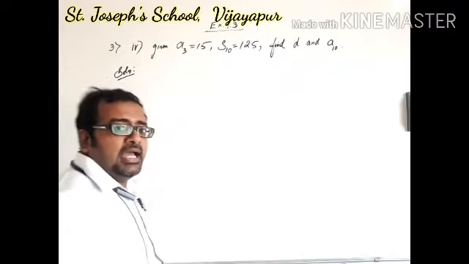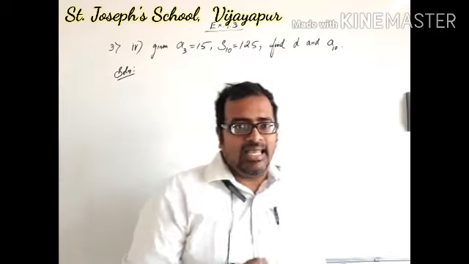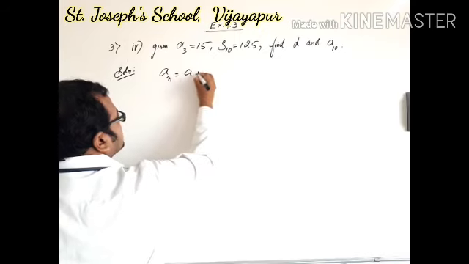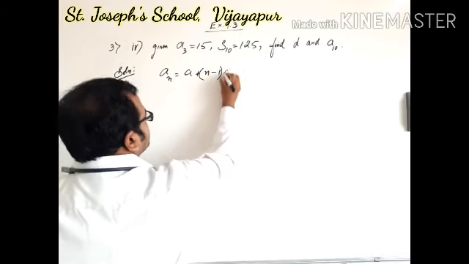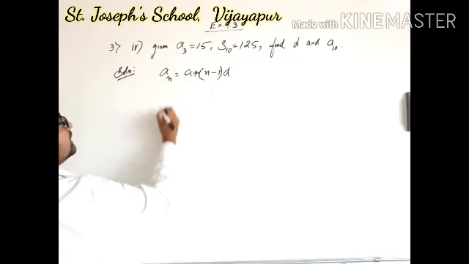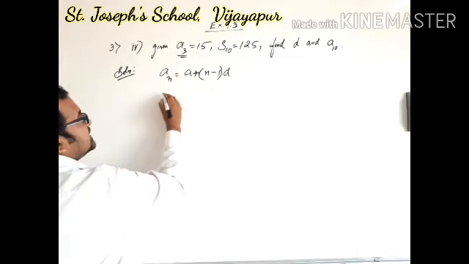So we go to the nth term formula, that is An. So An is equal to A plus N minus 1 into D. Okay. Now An, in this case An is A3.